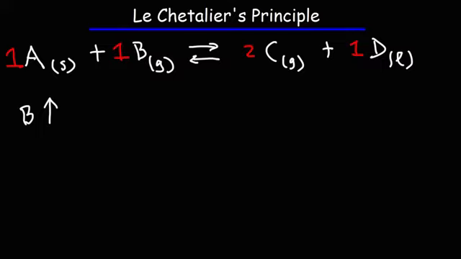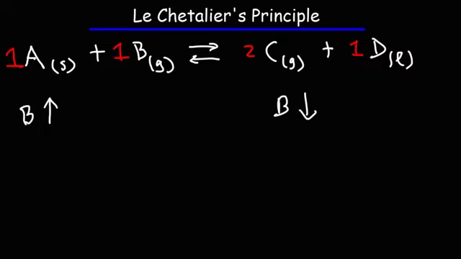So think of the concept of equilibrium. We're increasing reactant B. According to Le Chatelier's principle, the system is going to try to undo the change that we have just done. So since we've increased reactant B, it's going to do something to decrease reactant B.